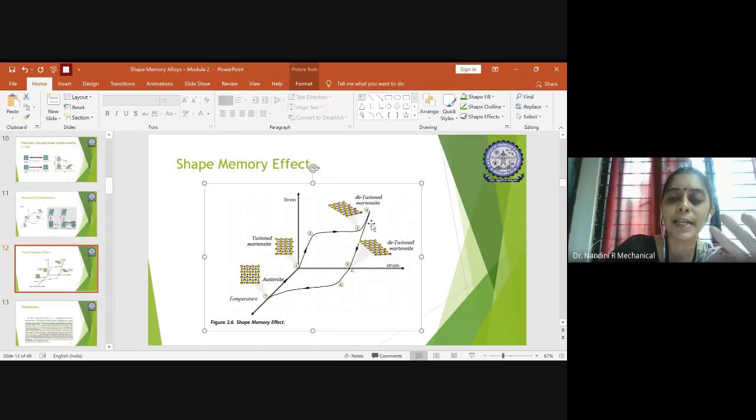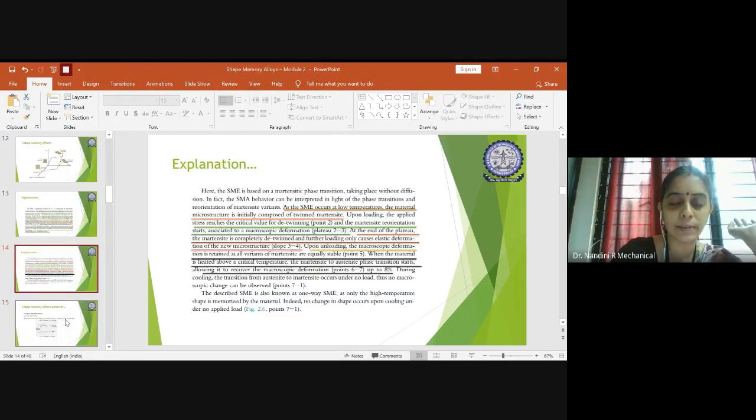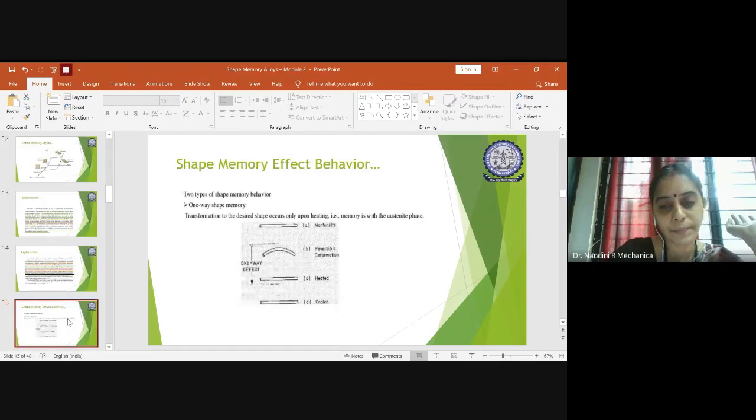The same detwinned martensite will cool down totally and reach its original position, where it will be the austenite phase. This is how the loop goes on until you need the change of phase from martensite to austenite. So this is how it works. Hope it is clear. Do you want me to explain again? Is that clear? Yes, ma'am.